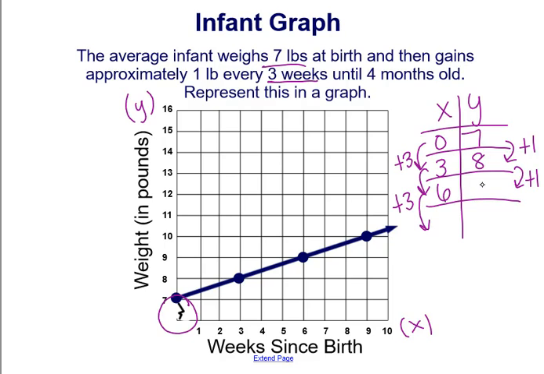So that will mean the infant is 9 pounds. And then after 3 more weeks, after 9 weeks, you've gained 1 more pound, so you're now at 10. So we can have these 4 solid ordered pairs of (0, 7), (3, 8), (6, 9), and (9, 10), and then connect them with a line so that we have the graph of the situation about this infant.